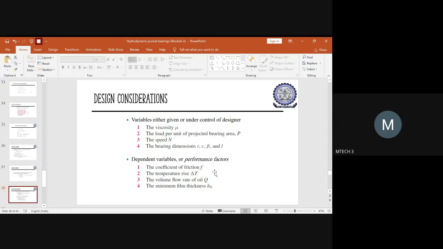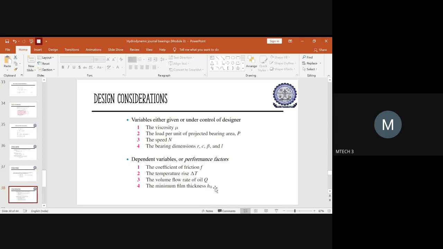Then, what is the temperature rise which comes in when you make the bearing work. And thirdly, the volume flow rate of the oil, which is given by the letter Q. You will be determining the volume flow rate of the oil. Again, we get this from the Reynolds equation directly, and also the minimum film thickness.